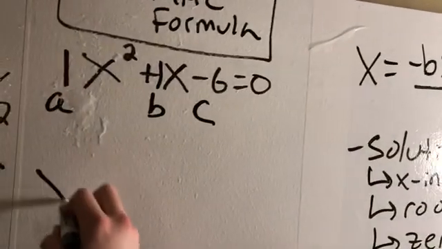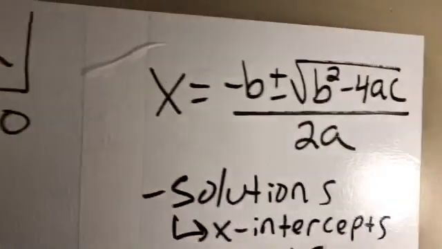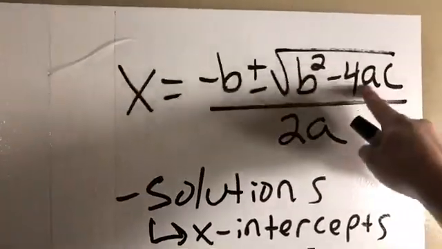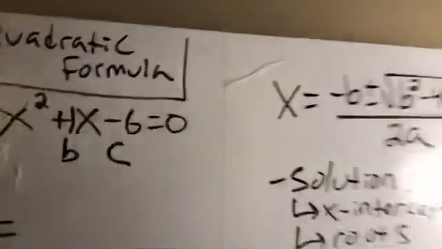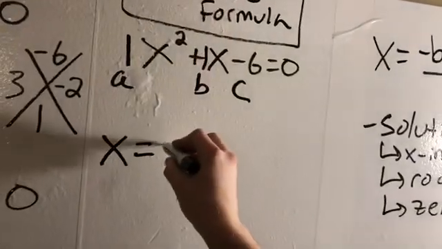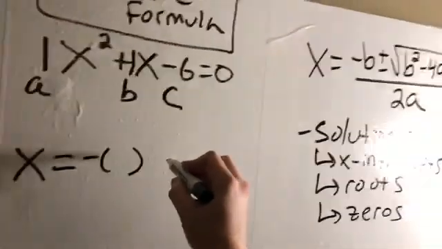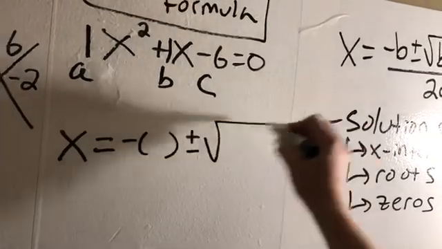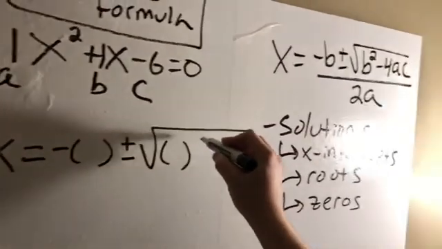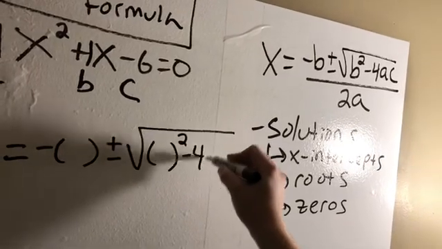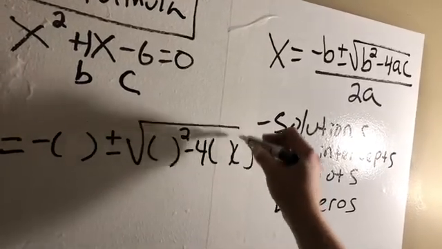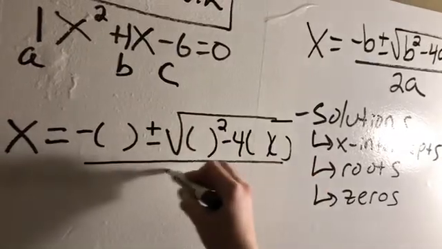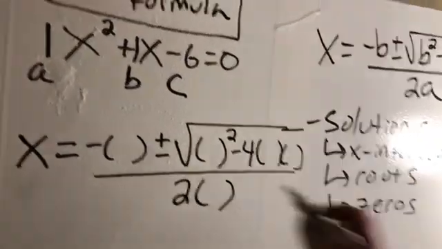To help myself out, I'm going to take every single letter that I see and first just turn it into a parentheses. So I'm going to have a negative parentheses, plus or minus the square root of some number squared, -4 parentheses, parentheses, all of which is over 2 times a parentheses.